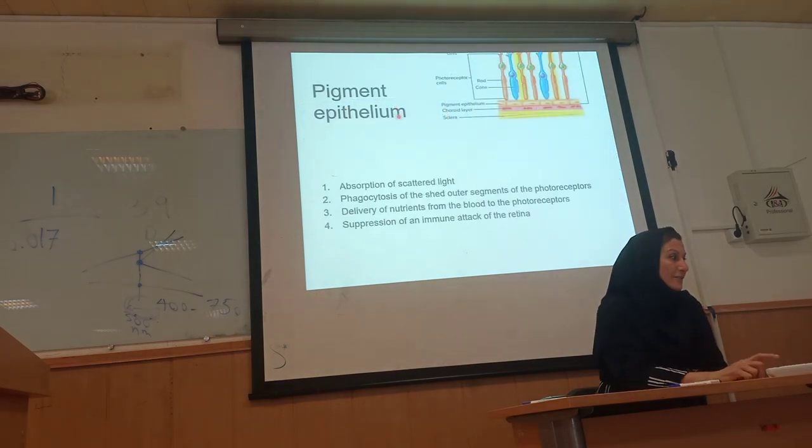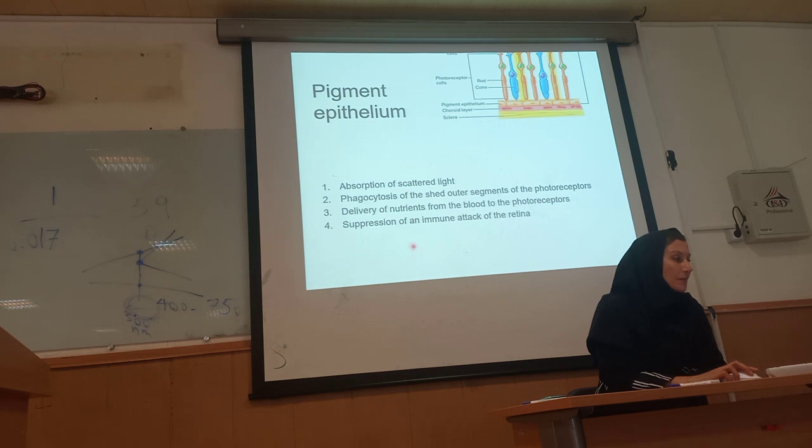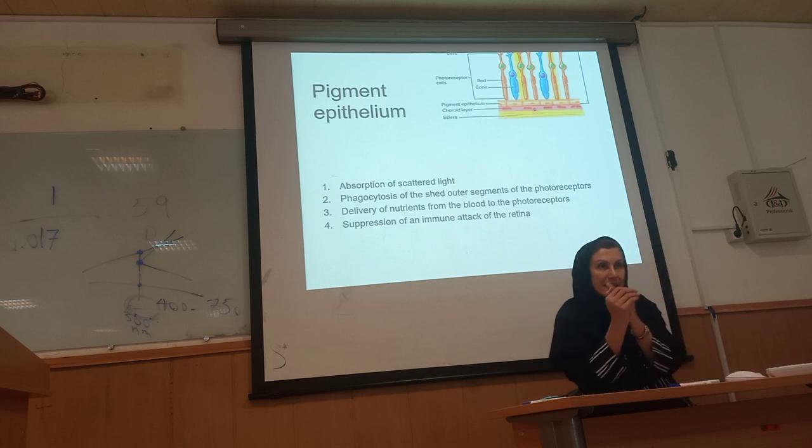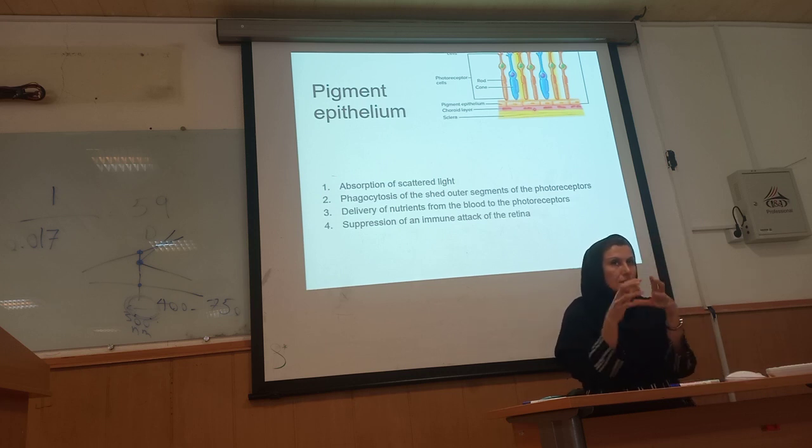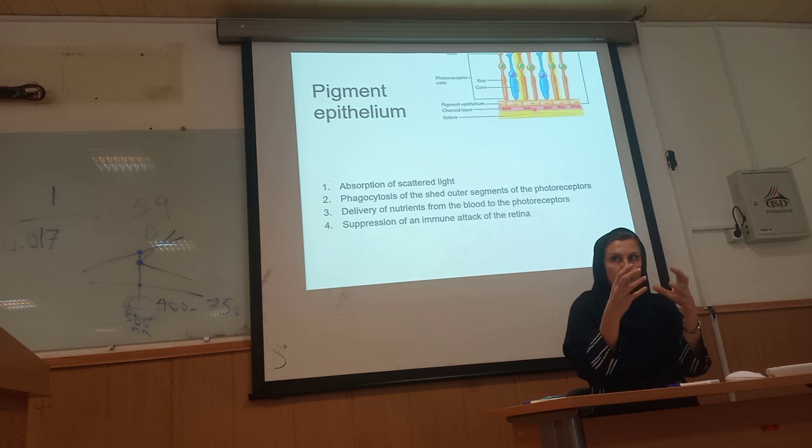Another function is suppression of an immune attack of the retina. Pay attention. There are many immunological molecules in the blood, and when they want to reach the photoreceptors, this layer of pigment can suppress them, because photoreceptors are very important for us.